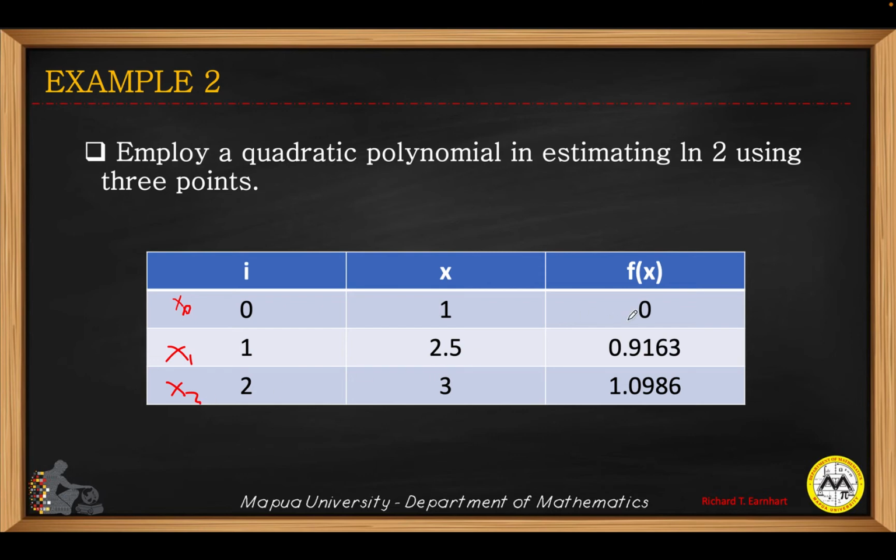So this is your f of x sub 0, f of x sub 1, and f of x sub 2. This is ln of 1, ln of 2.5, and ln of 3. So this is your ln of x.